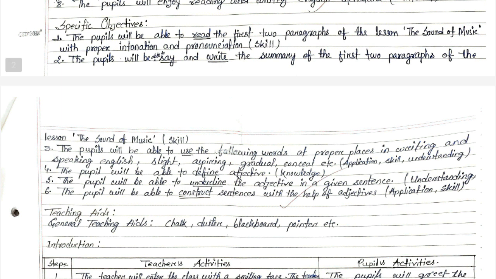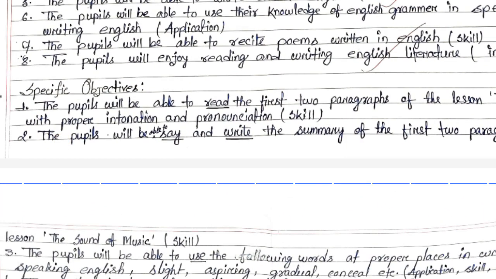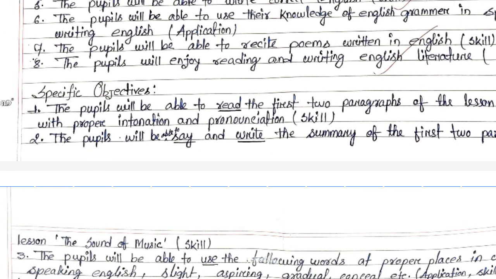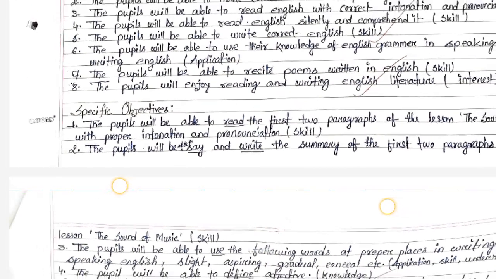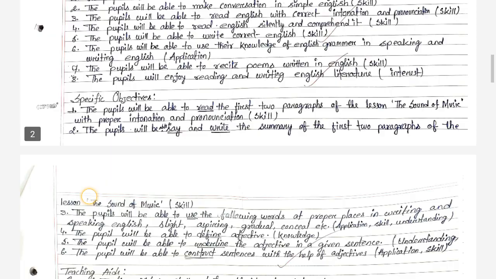Especially here, you should concentrate on the specific objectives. These deal with what specifically this chapter, unit or the paragraphs chosen for the lesson planning deal with. We have to specify the particular objectives which the teacher sets before teaching this lesson.